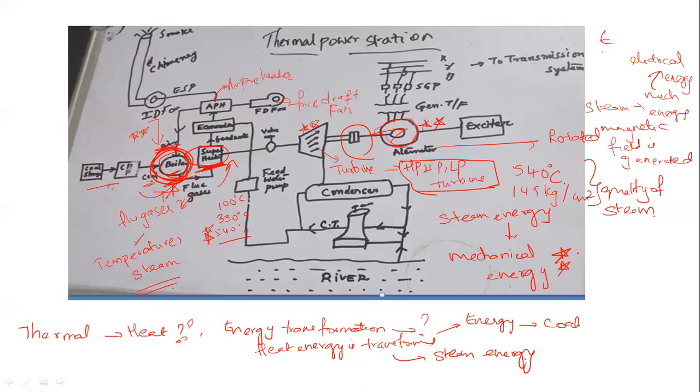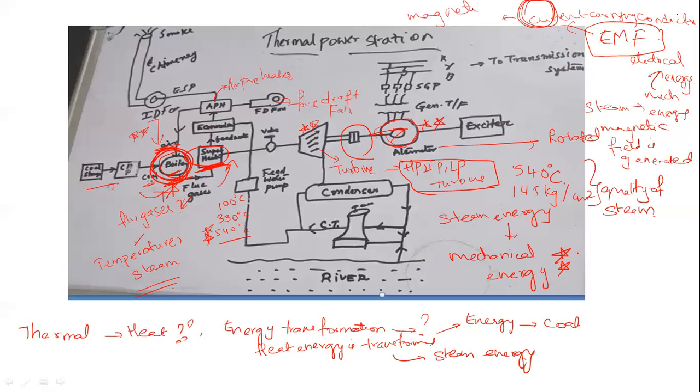What will happen according to Faraday's law? A current carrying conductor placed in a rotating magnetic field will generate EMF, electromotive force, that is the voltage generated in the generator.